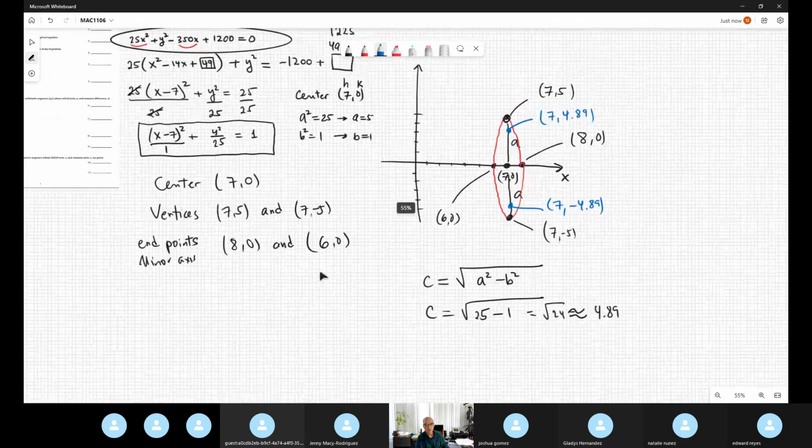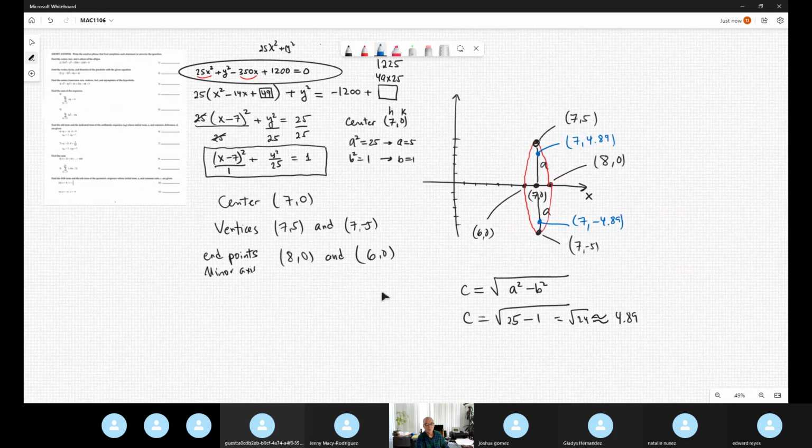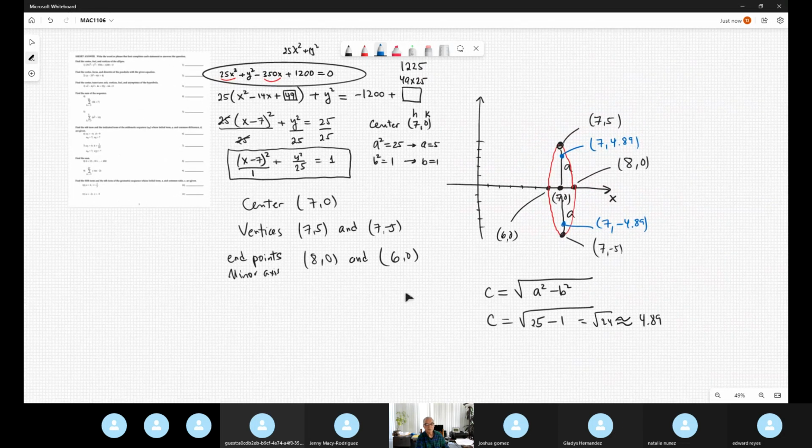Any question, guys? Do you understand very well? Question. What part is confusing? Remember, we can do that using the software Desmos.